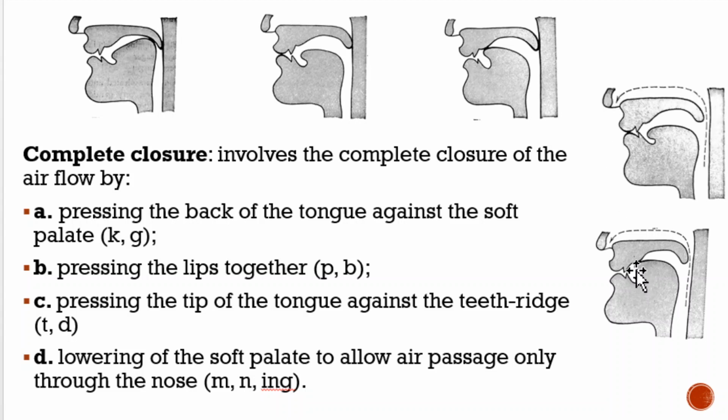In n and ing position, it is not the lips that cause the constriction. It is the tip of the tongue against the alveolar ridge blocking, and air is flowing exclusively through the nose. Well, this is not meant to confuse you. It is just to know that there can be complete closure, here complete closure using different organs of speech.